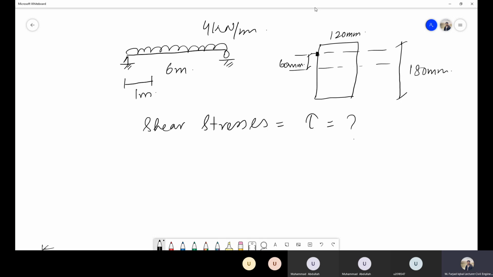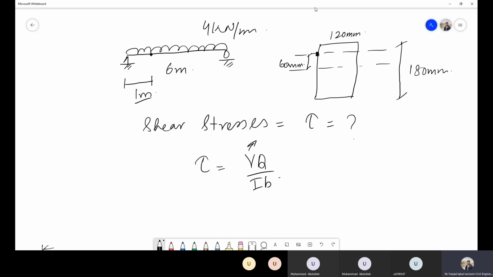First thing, you have to write down the formula and see what factors you need. You need the shear force at this point, that is at 1 meter, because it has been asked in the question that you need to figure out the shear stress at this particular point.